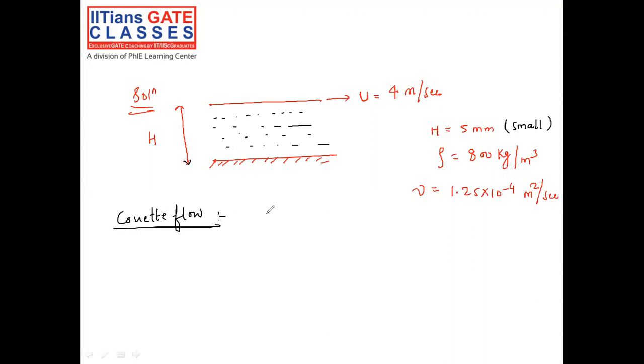What is a Couette flow? The Couette flow is nothing but the flow which happens when one plate is fixed and the other plate is moving. And that is the similar condition depicted here.